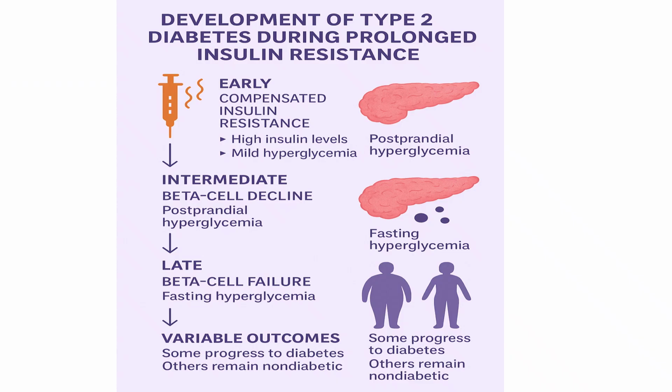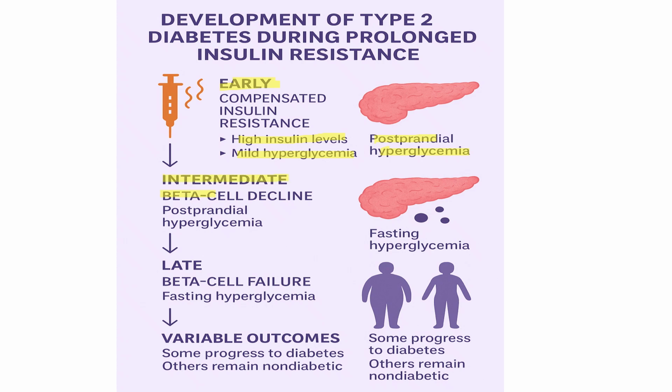So this picture is summarizing this concept. There is progression of type 2 diabetes from insulin resistance to beta cell failure. There is an early stage where compensated insulin resistance is there. There is high insulin level, and mild hyperglycemia is there, and postprandial hyperglycemia is also there.